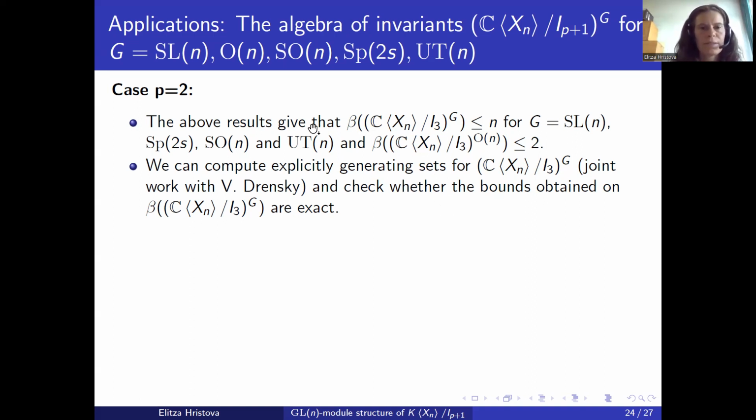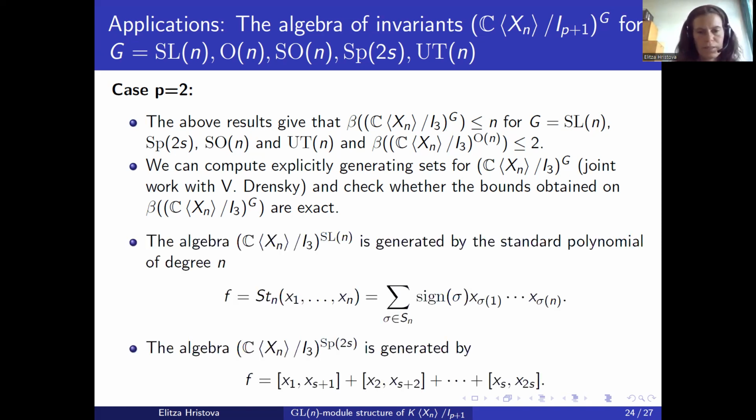Let us recall that the bounds in this case will be: the maximal degree of a generator will be less or equal to n when G is one of the groups SL_n, Sp, SO, and UT_n, and less or equal to 2 when the group is O_n. Okay, let us see how the generating sets look.